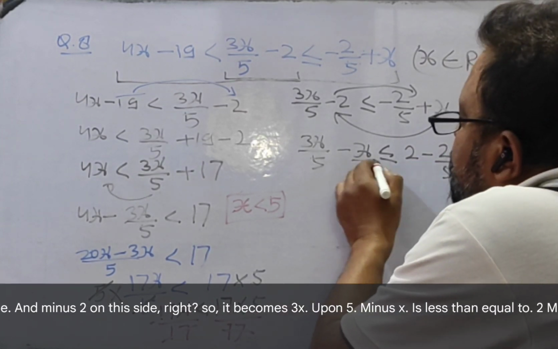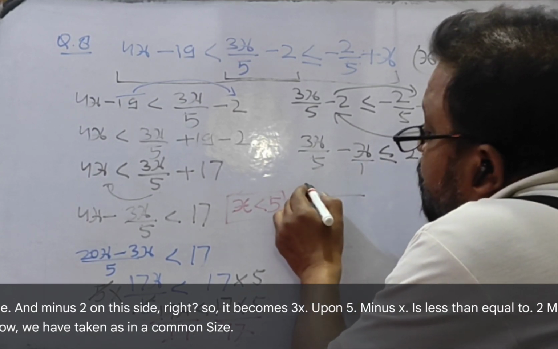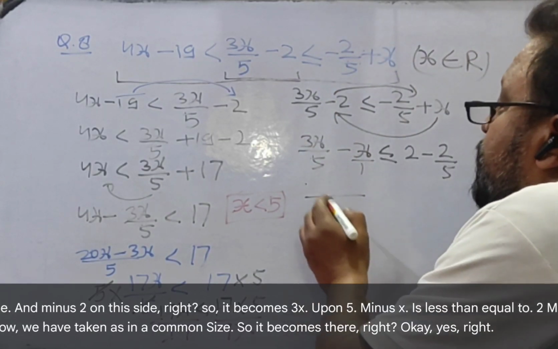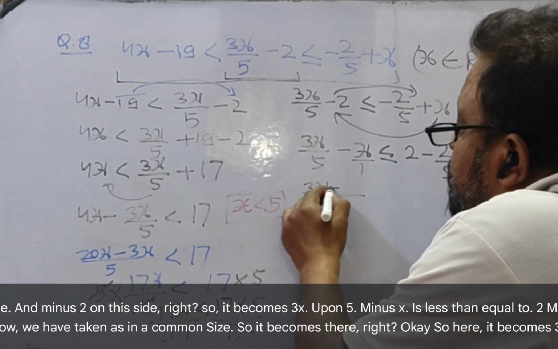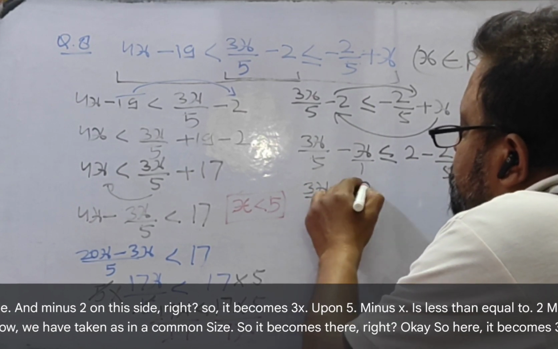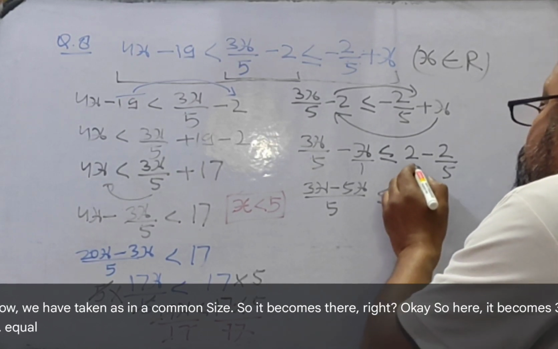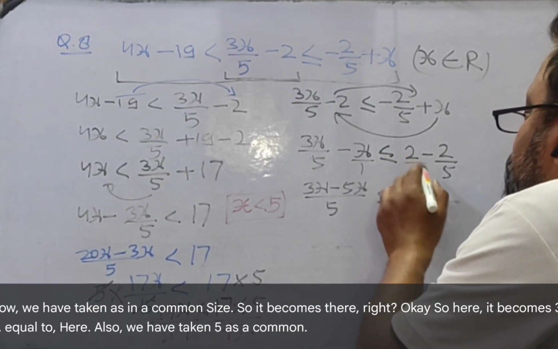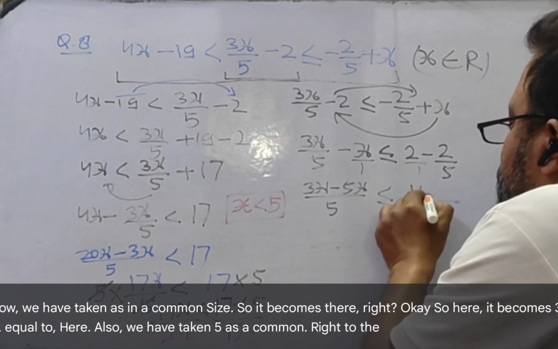Now we take 5 as common, so here it becomes 3x minus 5x less than or equal to, here also we have taken 5 as common, 5 twos are 10, 10 minus 2.